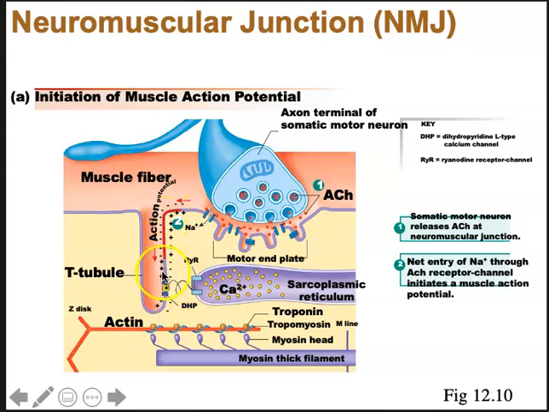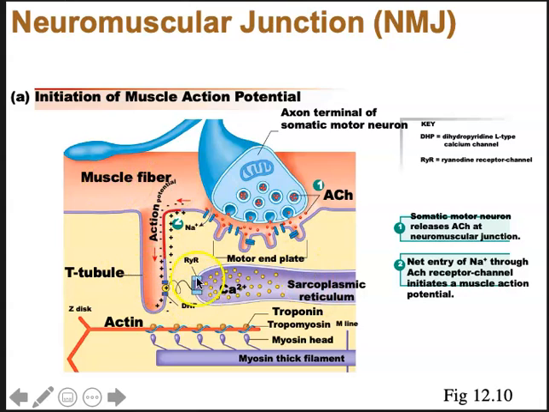at the triad, at the cisternal terminae, this action potential depolarization will cause the opening of very special calcium channels. These voltage-gated calcium channels are located within the sarcoplasmic reticulum deep inside the muscle fiber.